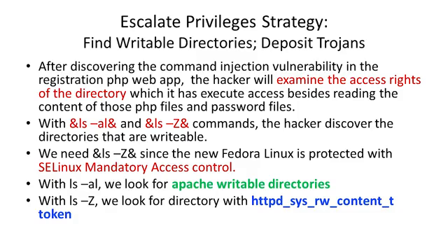After we discover the command injection vulnerability in the registration PHP web app we discussed before, the hacker will then examine the access rights of any directory the Apache account has access to. If it has execute privilege, it can list the directory information.